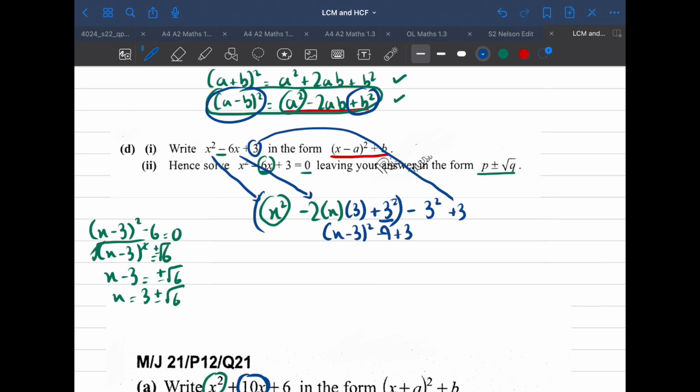Minus 9 plus 3. So x minus 3 whole square minus 6. Am I getting the same answer, bache, which I got with the easier method? Yes.